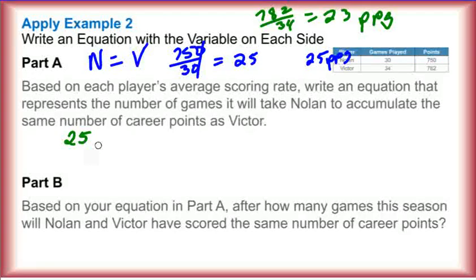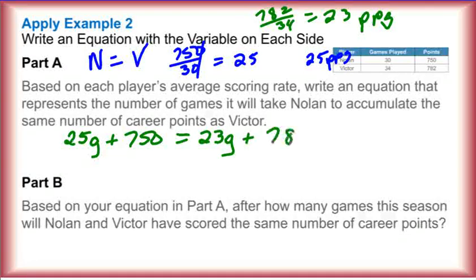So I'll use G. 25 points per game, plus he scored 750 before, equals Victor's points per game, which was 23 G, and they started off with 782 points. So now we have our equation.